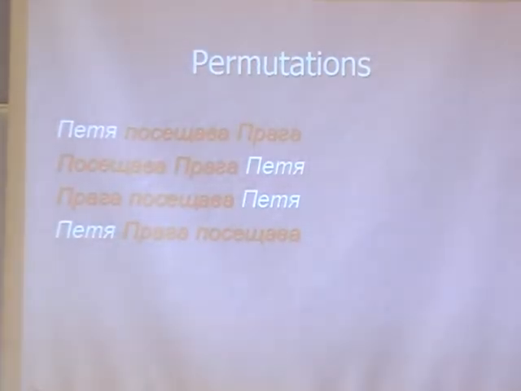So I just briefly put some example of permutations. This is the sentence, Petya visits Prague. And you see that always when you have the verb and the complement, they are always adjacent to each other. They could switch their places, but no problem for the analysis.